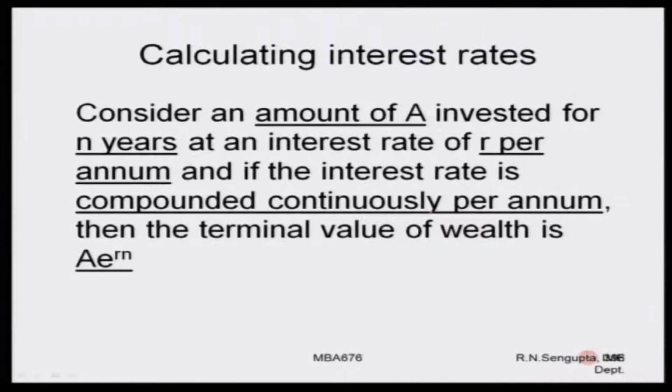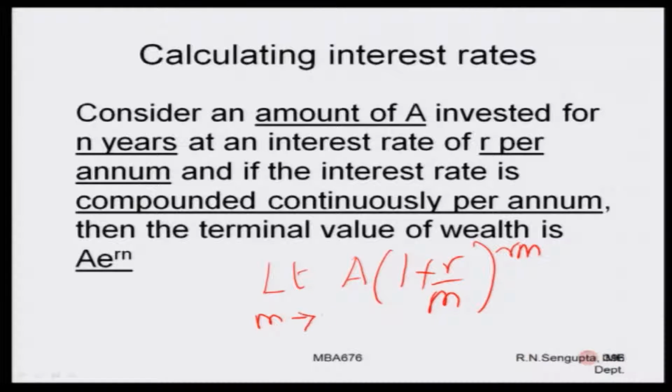Now, consider how you want to find out the continuous compounding case, that is, being compounded exactly the same way. The actual formula was this. Now, consider continuous compounding means you are doing it continuously. If you consider that, the actual value which you will have, there is n here.